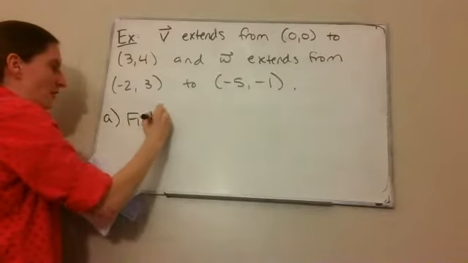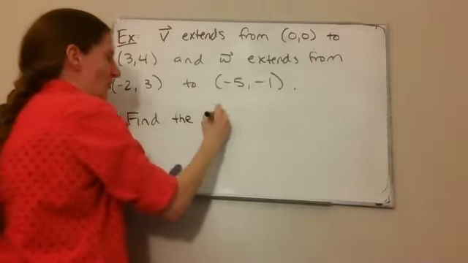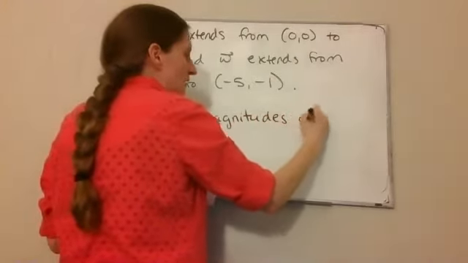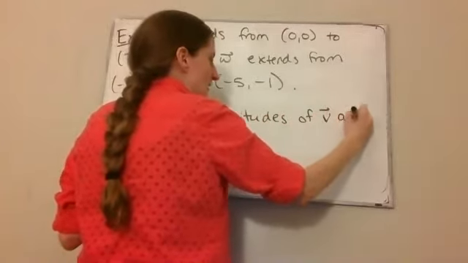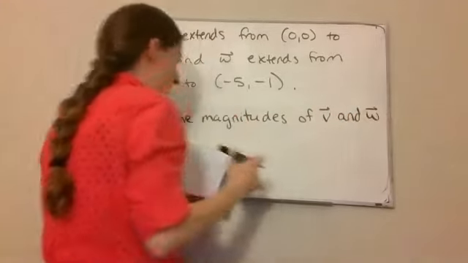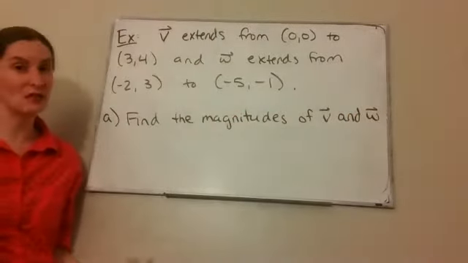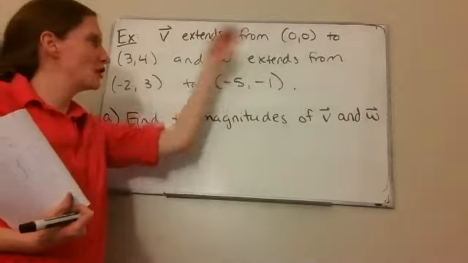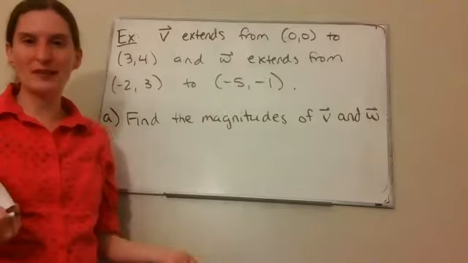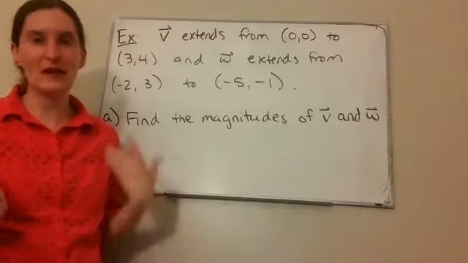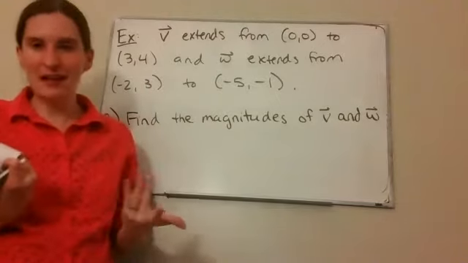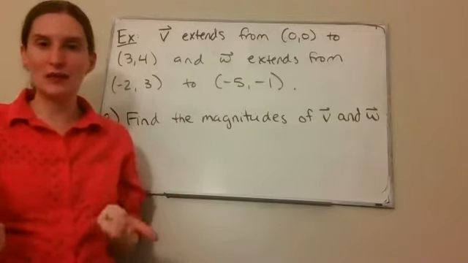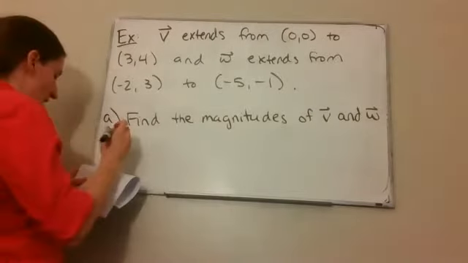First thing we're going to do is find the magnitude of both of these vectors. Well, we know magnitude is the length of that line segment, and all we have is the initial point and the terminal point for both of these line segments that make up our vectors. But we can find the length of that line segment by using our distance formula to find the distance between those two points.